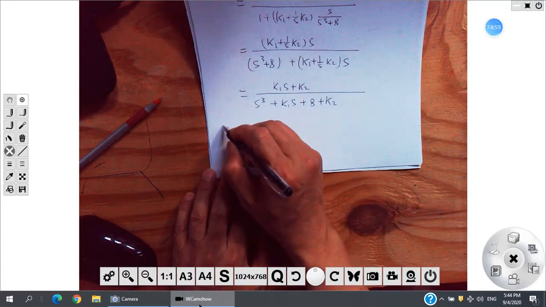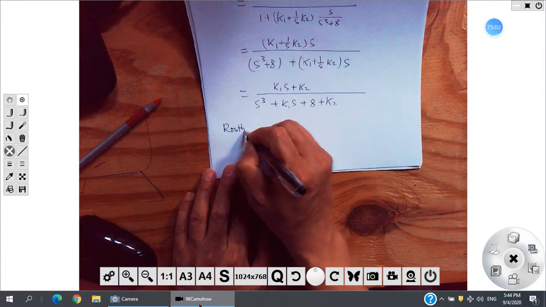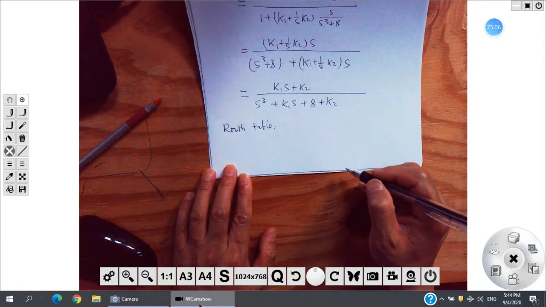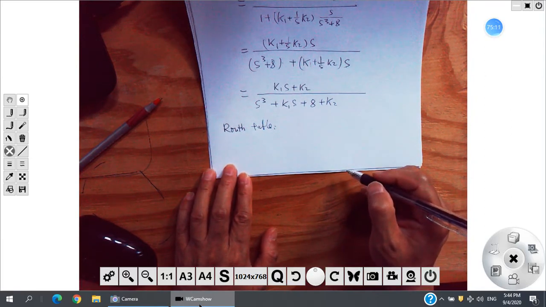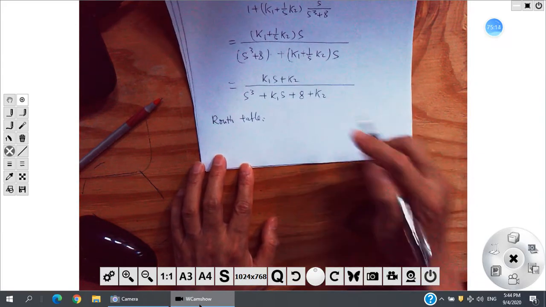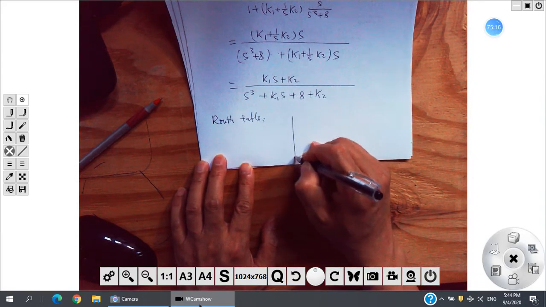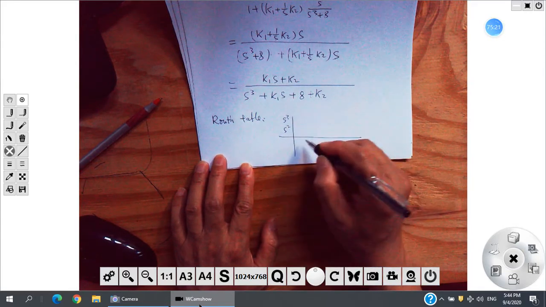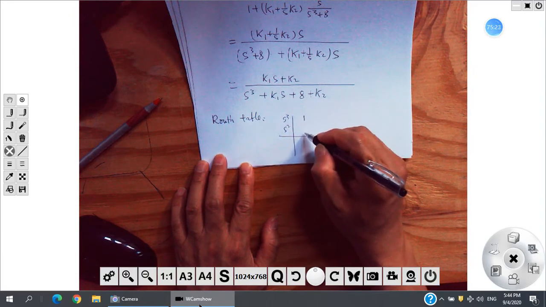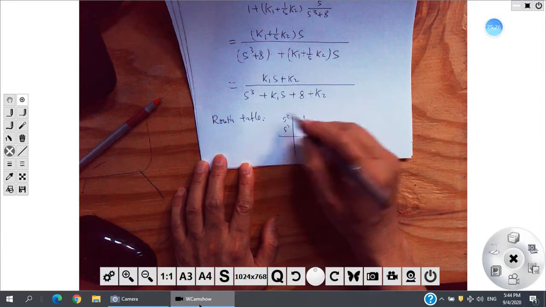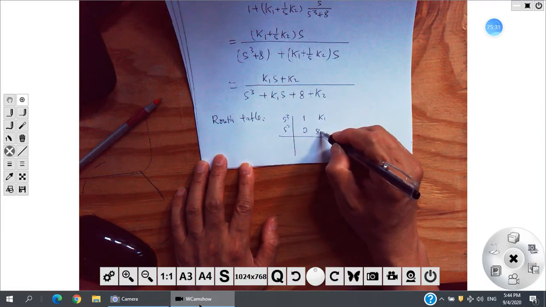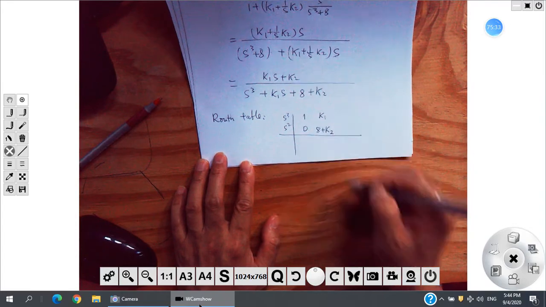We use the stability test. Oh, I don't have time. I think I can finish just like this, give me several minutes. Alright, S cubed, S squared: here's a 1, then 0 for the S squared term, then K1, then 8 plus K2, like this.